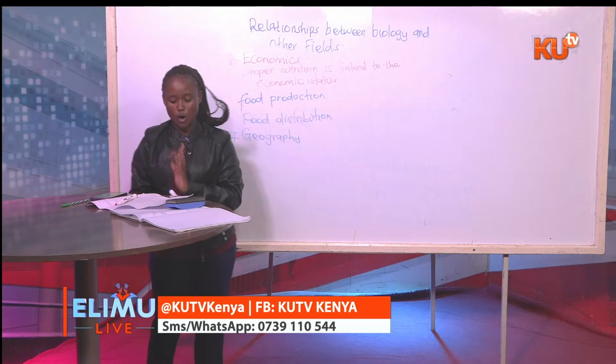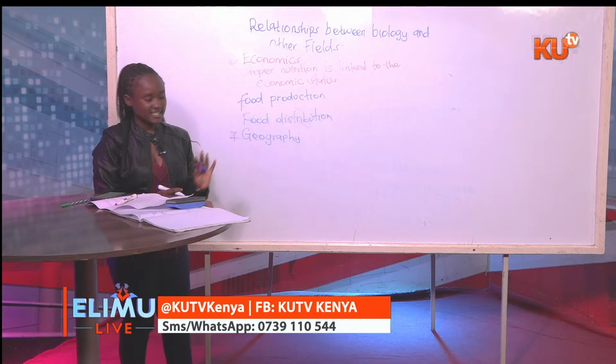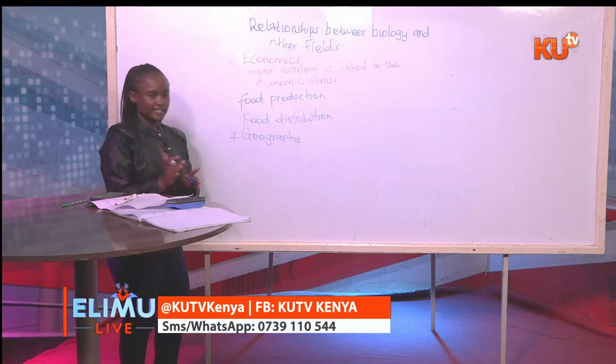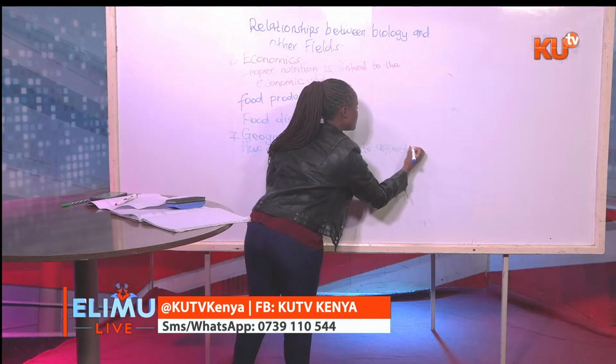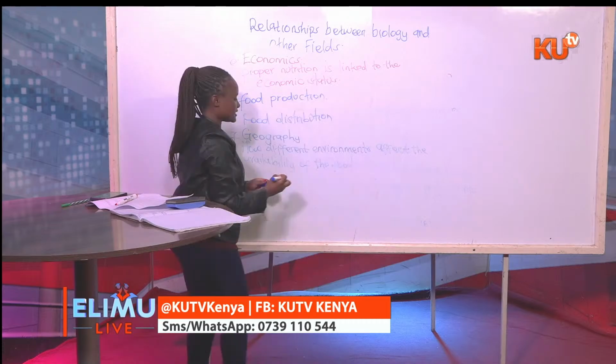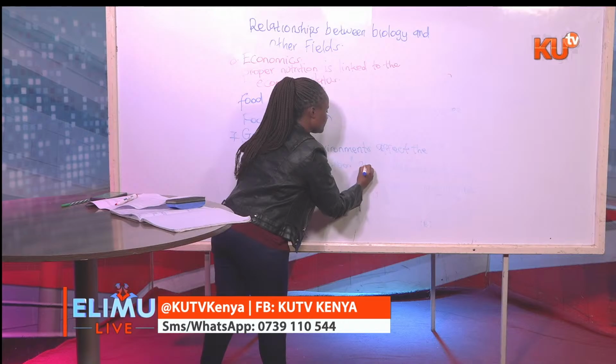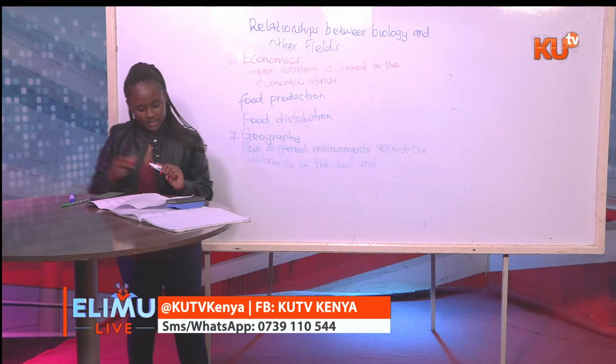So we have how different environments affect the availability of the food and the agricultural practices, and these in turn influence human nutrition.